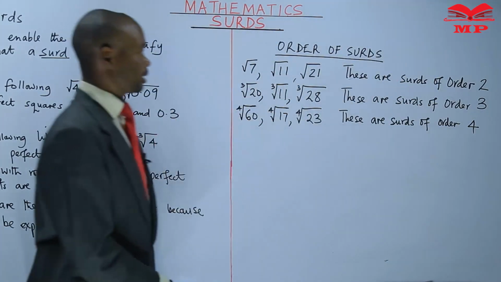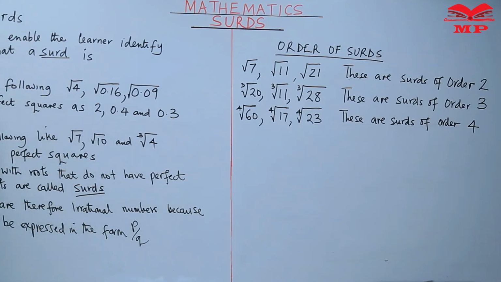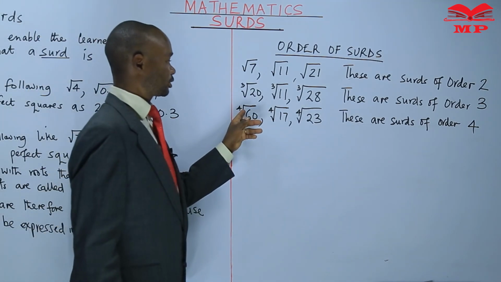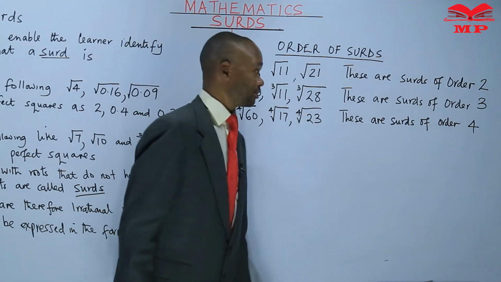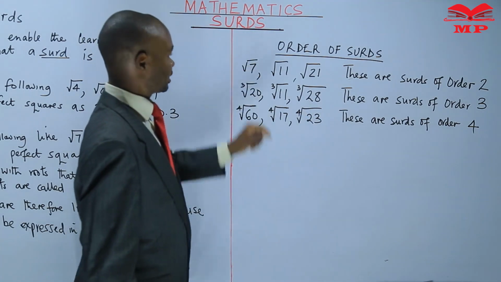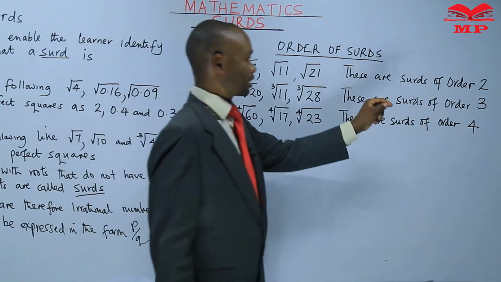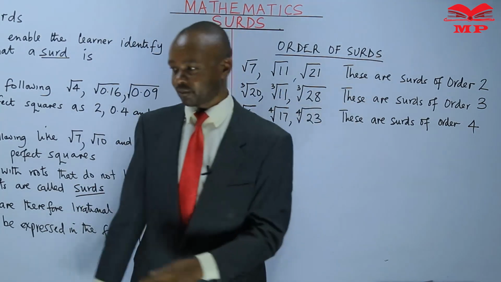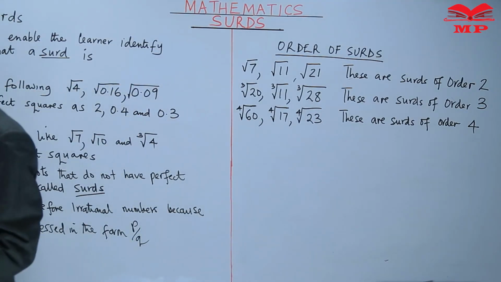So you should be able to differentiate the surds, especially the root is the one that gives it the name. You can put a 2 here for the square root, as if a 2 is here, so it gives its order 2. Cube root, order 3. Fourth root, order 4. So learner, those are the orders.